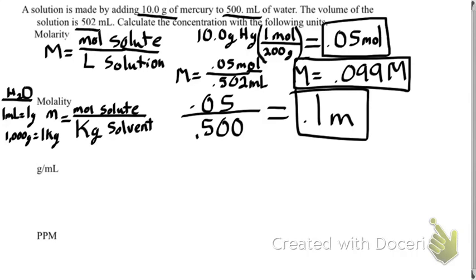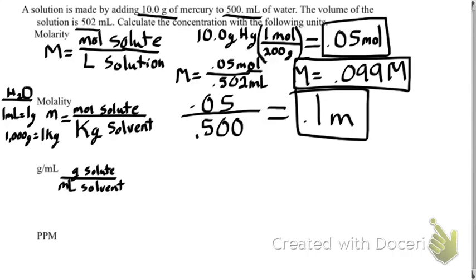Alright, the next thing we're going to calculate is grams per milliliter. Grams per milliliter is calculated by taking the grams of solute and dividing it by milliliters of solvent. Whoops. It's important to be able to spell solvent.